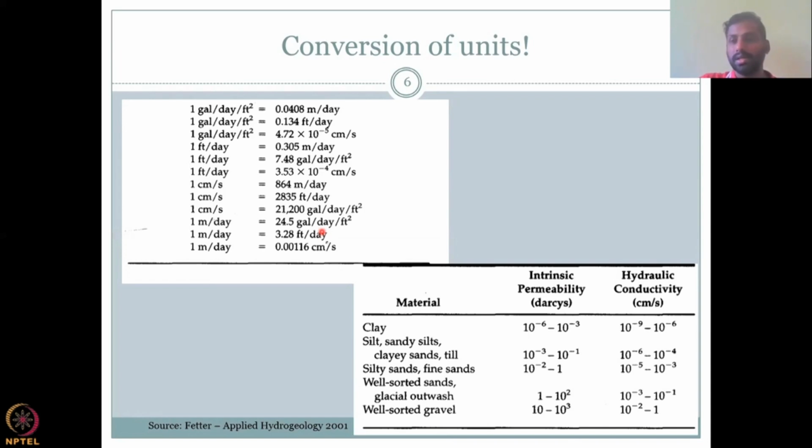So it is basically a related variable. For clay, it is very slow. Think about 10 to the minus 9 centimeters per second as the flow rate, a kind of velocity of water in clay, or how clay allows water to flow. So it's very slow. When you go to a field, the first question you can ask is what type of soil it is.